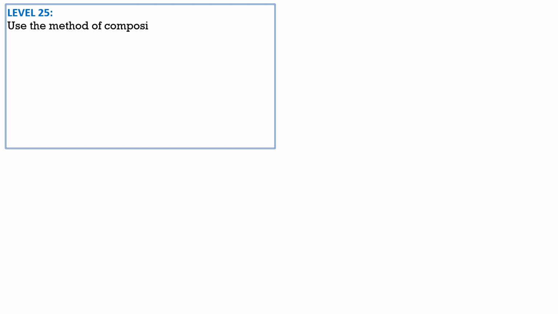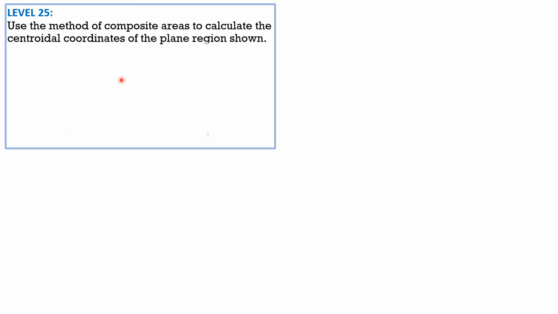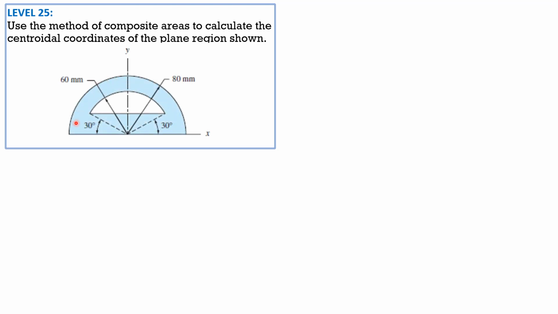Level 25, use the method of composite areas to calculate the centroidal coordinates of the plane region shown. So here is the given figure. So for the solution, the plan is we first compute the area of this unshaded region, and after computing the area of this unshaded region, we also compute the location of its centroid from the x-axis.